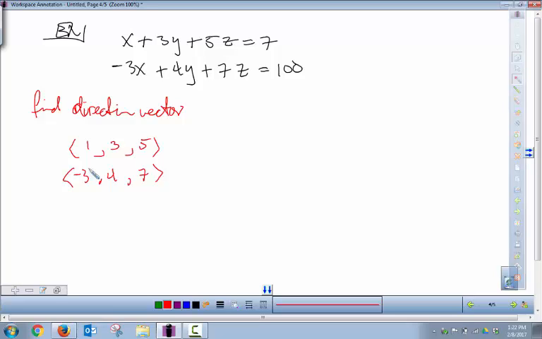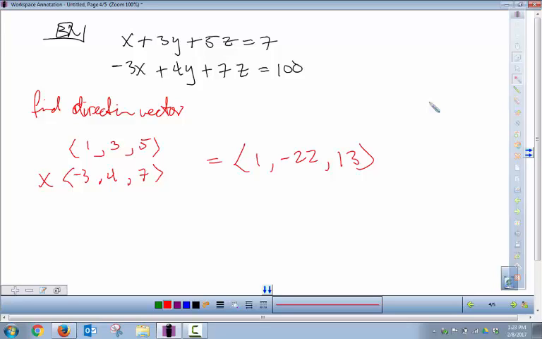If you were interested in finding the angle between these two planes, you would dot the vectors and take some cosine inverse. But we just want to go straight to the direction. So let's cross these. I think it's 1, -22, 13.